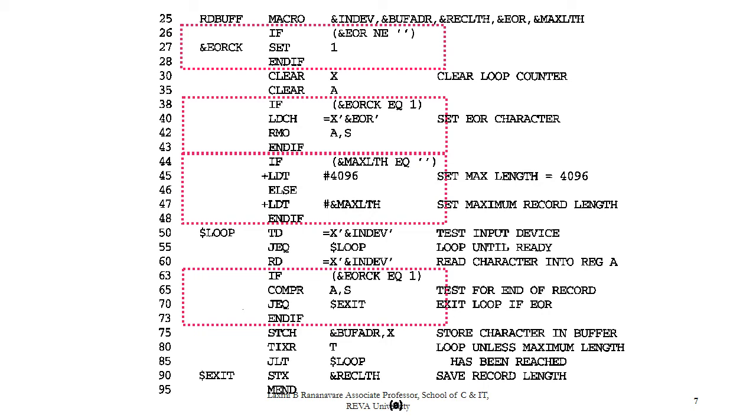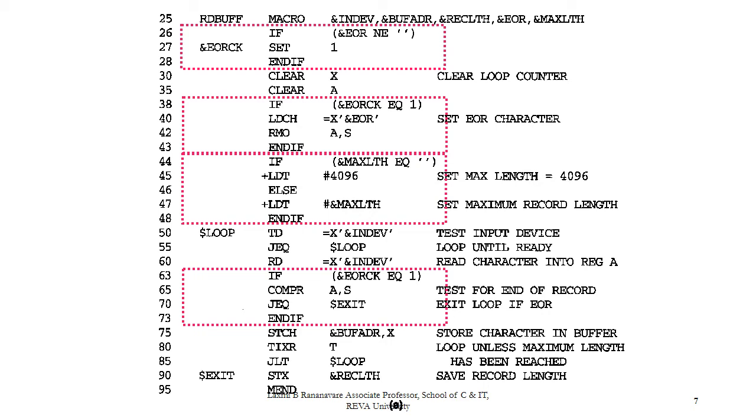So EORCK is equal to 1, then you are going to compare the value of the accumulator and the contents of register S, and jump on equal to the exit statement. So if the contents of the accumulator and the S register are equal, then you are going to go to a location exit, and end of statement.